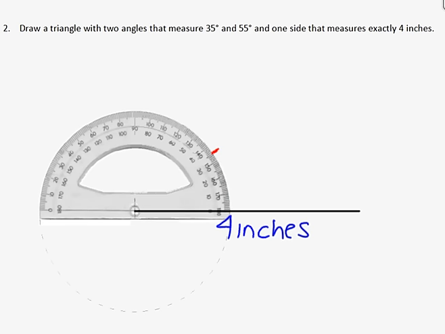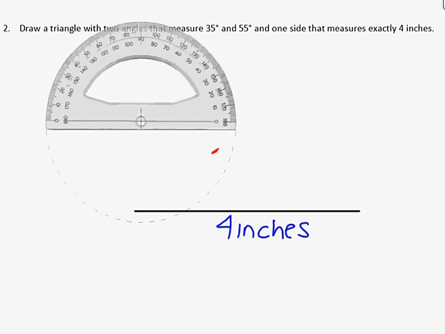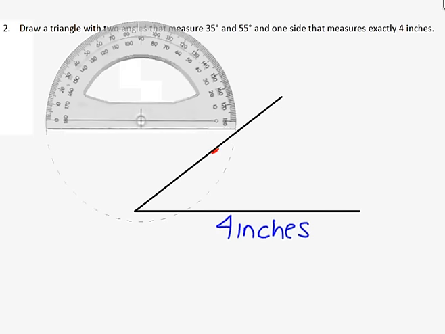And then when you move your protractor away, you'll use that straight edge on your protractor so that everything is nice straight lines, and it would look kind of like that. Since that was our 35-degree angle, we're going to put 35 degrees in the vertex, just like that. You always want to make sure angle measures go right inside of the vertex.